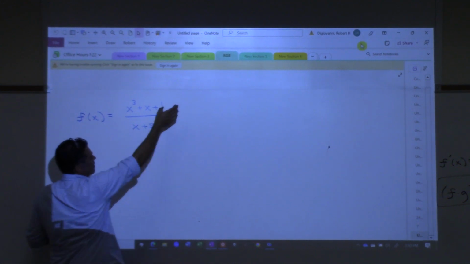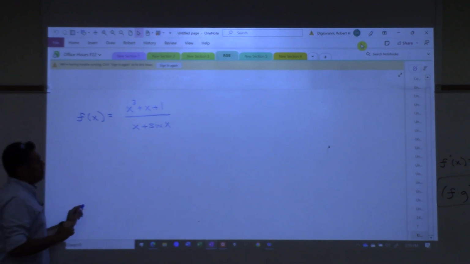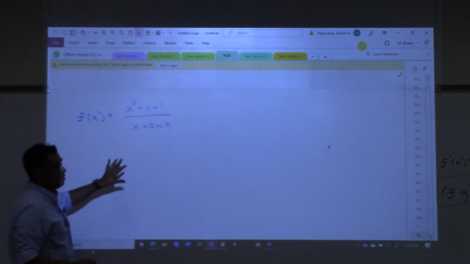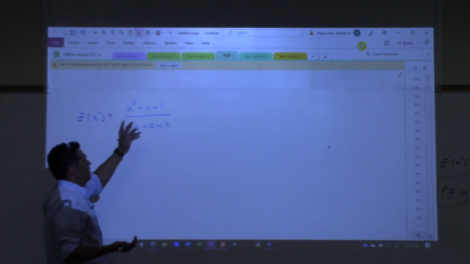Are you trying to bring this up? You could try and bring it up, but I promise you it's going to be worse if you try and bring it up right now. Assuming the only rules we have are power rule and product rule, if those are the only rules, well, we're stuck then pretty much.